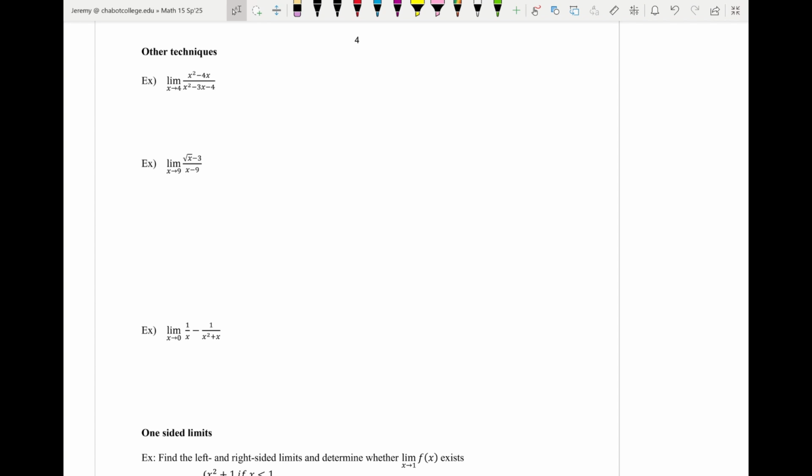Because if we don't get a 0, then we can just direct substitute. But if you plug in 4 down there, you're going to get 4 squared, which is 16, minus 12 minus 4. Unfortunately, this is equal to 0. So 4 is not in the domain of the function, so we can't do direct substitution.